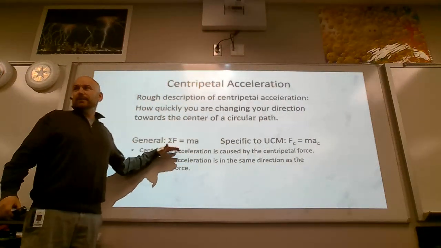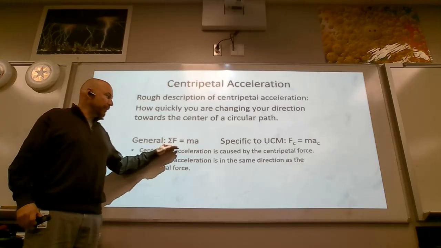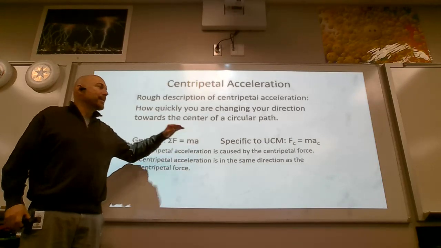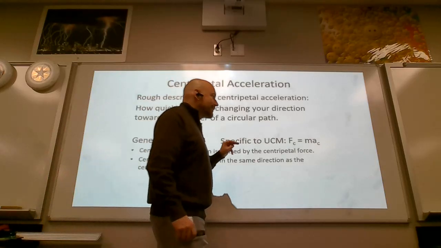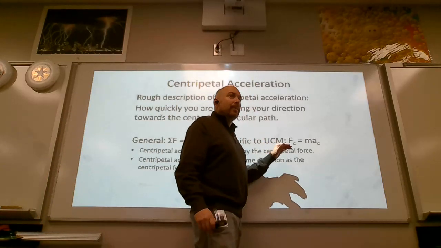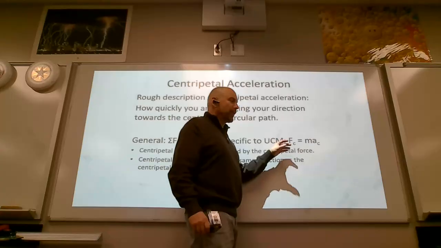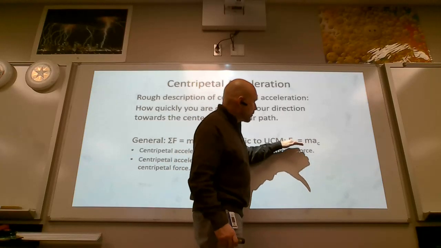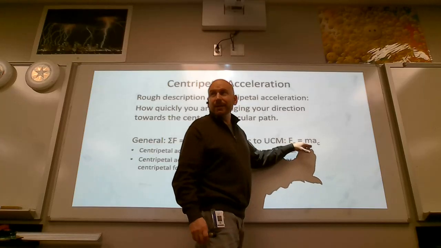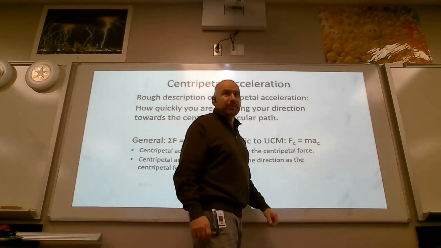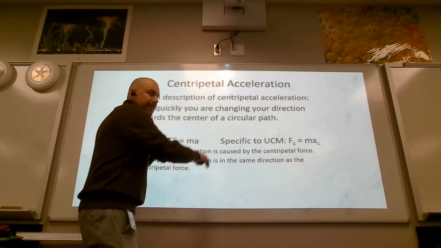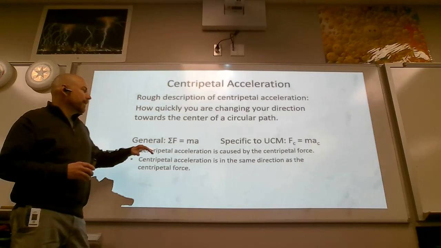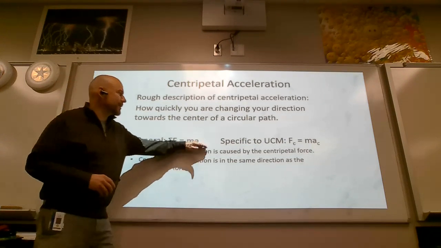Newton's second law says the net force is equal to mass times acceleration. If we're moving at a constant speed but in a circular path, this is uniform circular motion, then the centripetal force is equal to mass times centripetal acceleration. See the similarities there? That force causes acceleration.